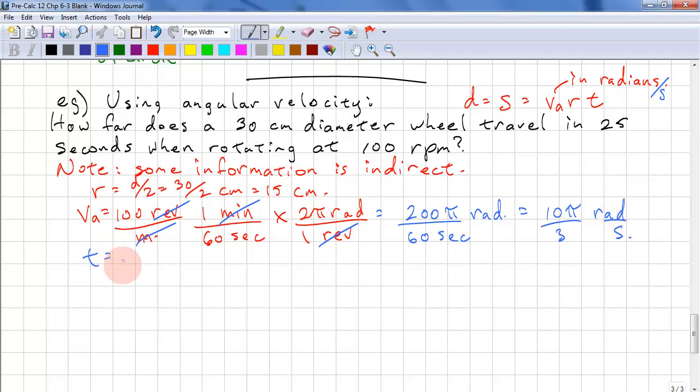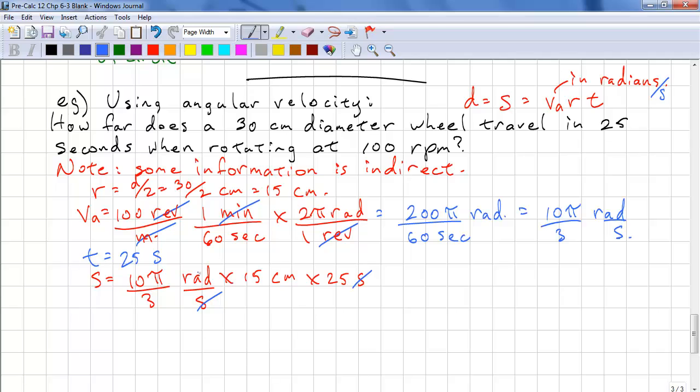Time equals 25 seconds. So S equals 10 pi over 3 radians per second times 15 centimeters times 25 seconds.